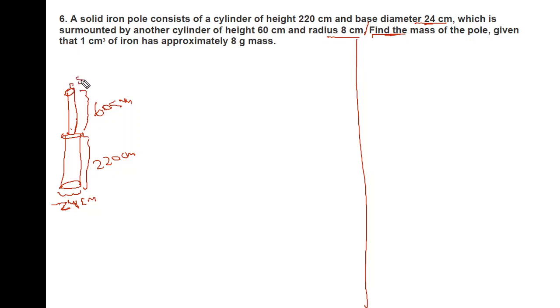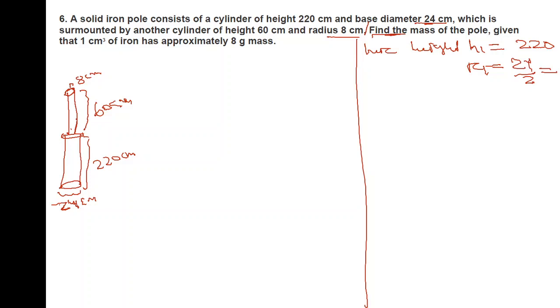So here you can write the height of the first cylinder, h1, equal to 220, and r1, who is r1? r1 is the radius of the first cylinder, is equal to, here diameter is given 24, so 24 by 2, which is equal to 12 cm.